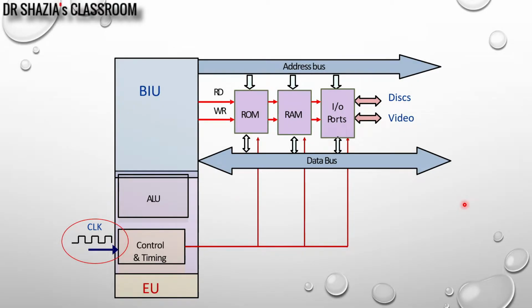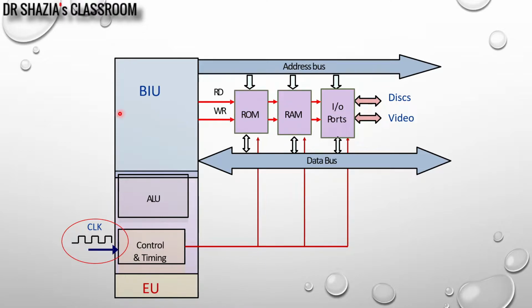The 8086 is also known as a bus master, as it is capable of generating the addresses and control signals, and also capable of controlling the data transfer. As we know, any processor can broadly be divided into two parts: one is the bus interface unit and the other one is the execution unit.